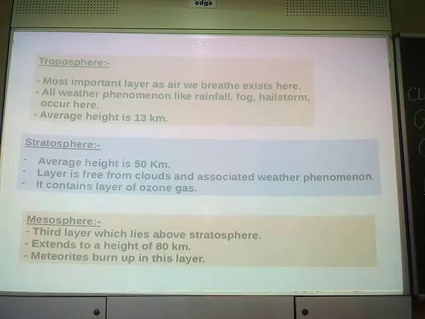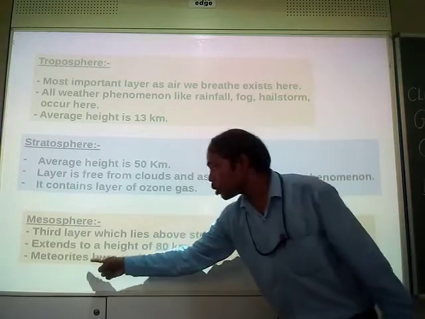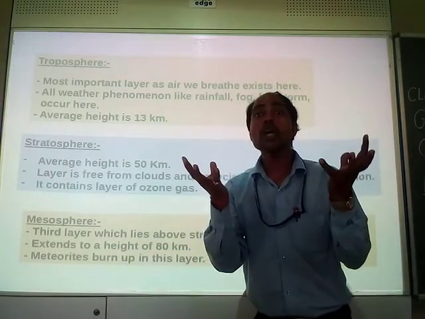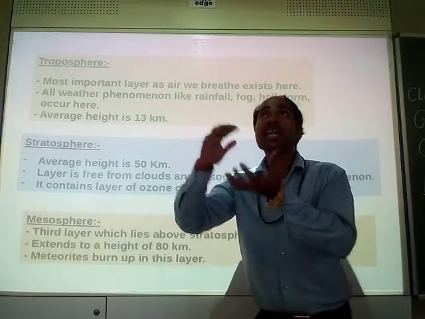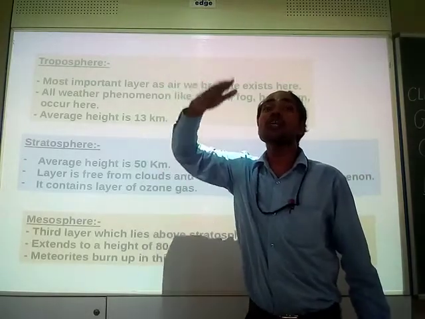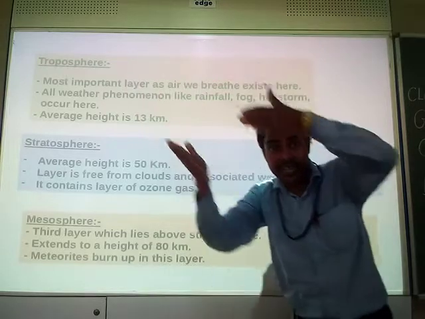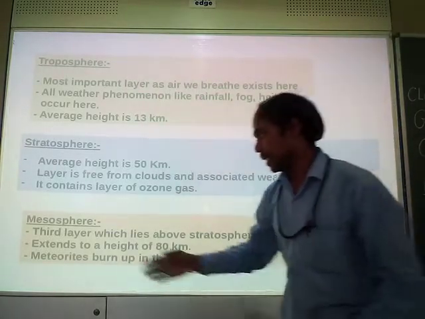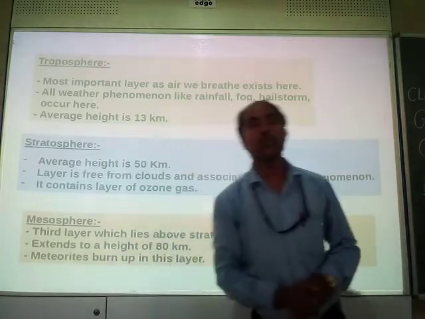Now you will be asking, what are meteorites? Meteorites are the rocks or the parts of metal that come from outer space and enter into our earth's surface. Okay, those are meteorites.